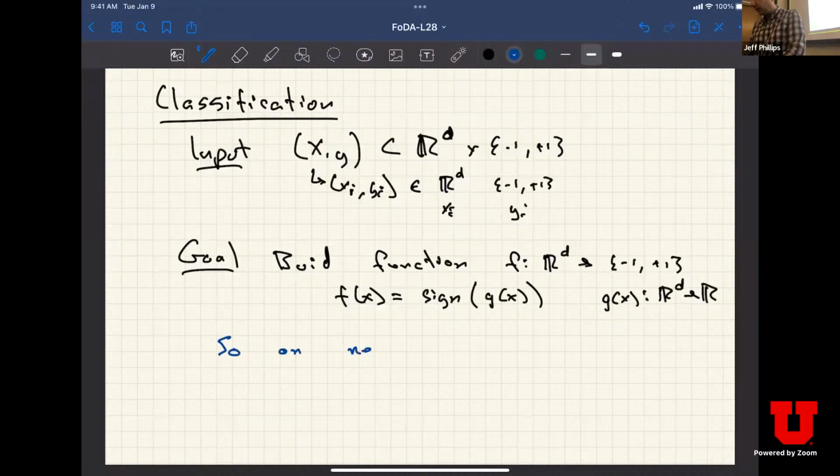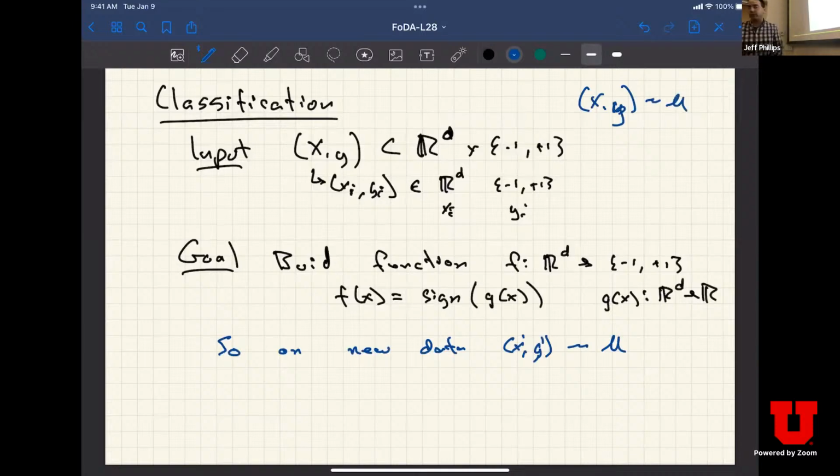So the goal is to build this function so that on new data, if I get a new data point x prime, y prime drawn from some distribution mu, the same as the full data set, which we assume was drawn IID from some sort of distribution, then f of x prime is going to equal y prime, with high probability.